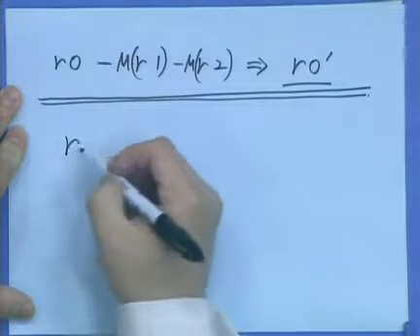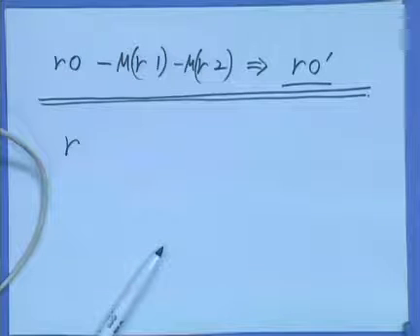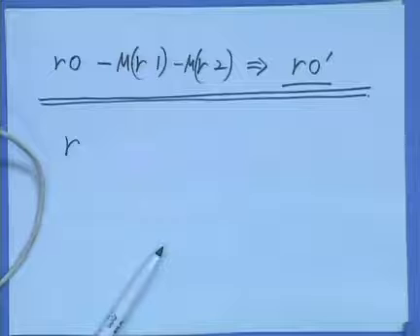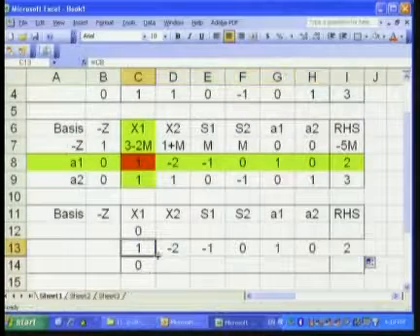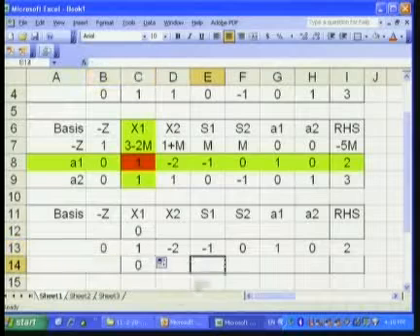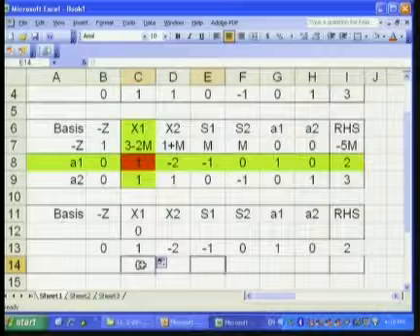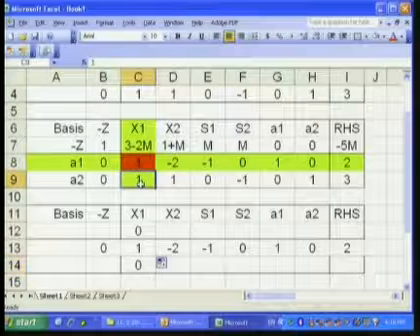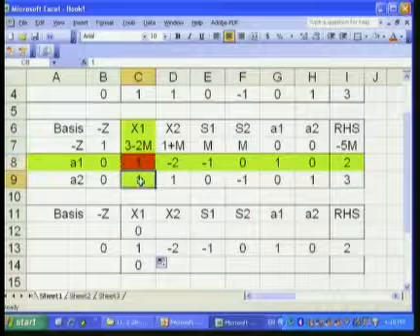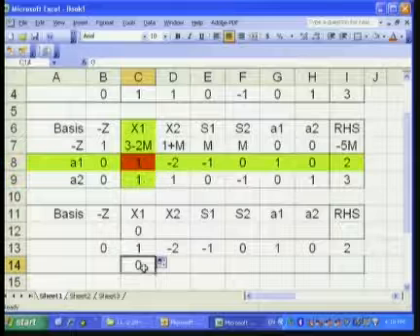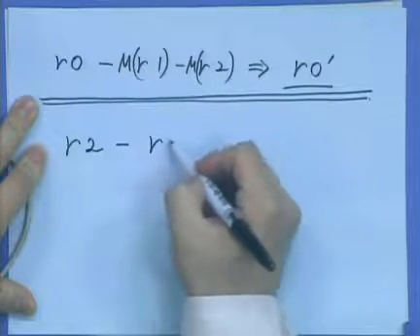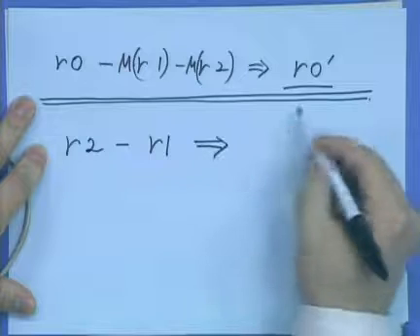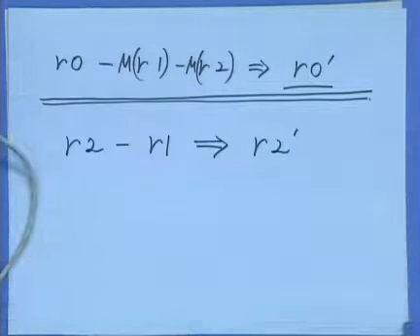For the second row, actually, we don't need to do anything because we already have 1 down here, so we can just copy this value and paste it. Then how do you make 0 down here from 1 using this? Just this value minus this becomes 0. So the last row, R2, minus the pivot row, R1, becomes the new R2.